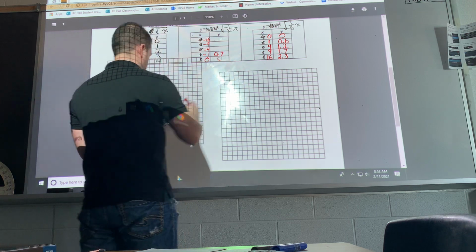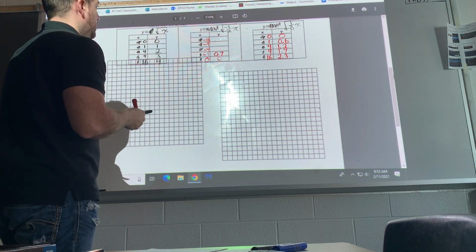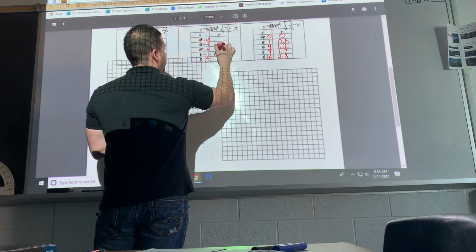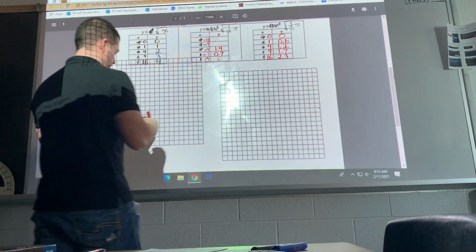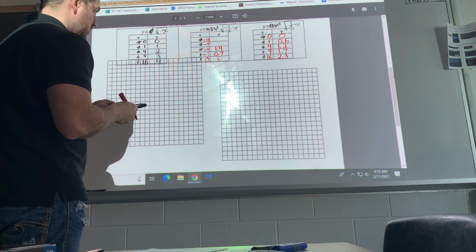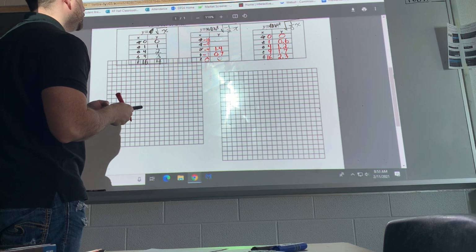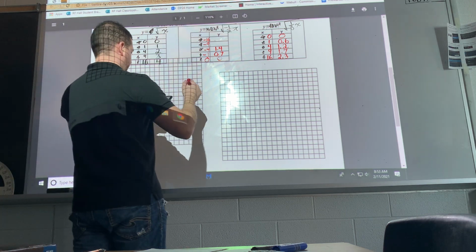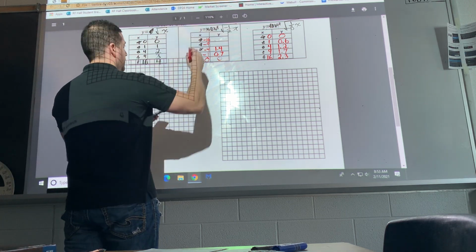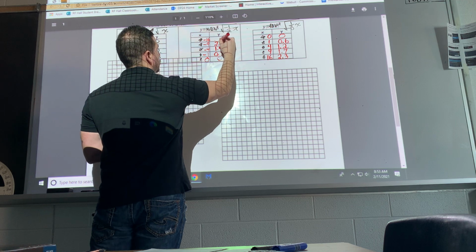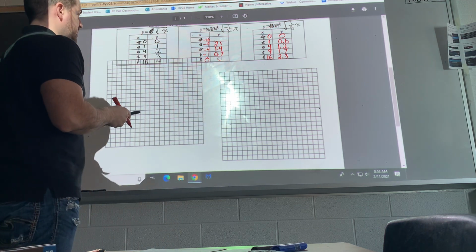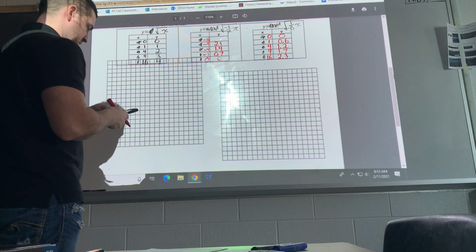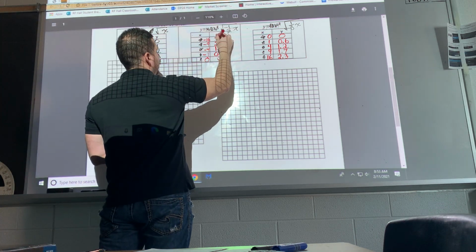0.7, square root of 2 is 1.4, square root of 4.5 is 2.1, and for -16, square root of 8 is 2.8.